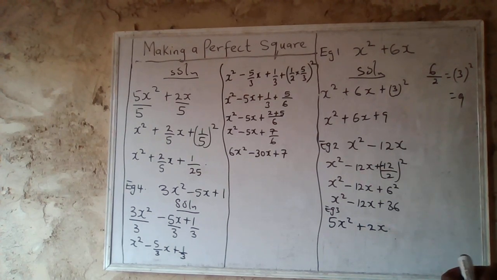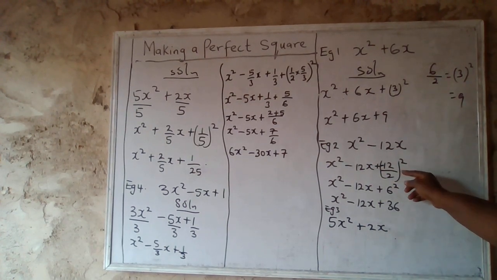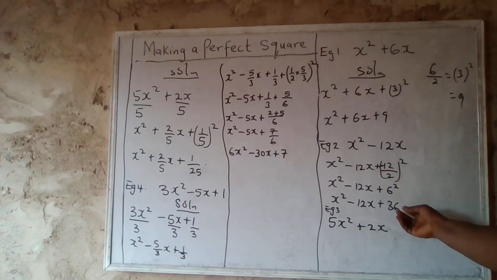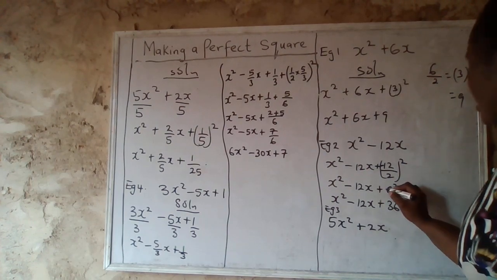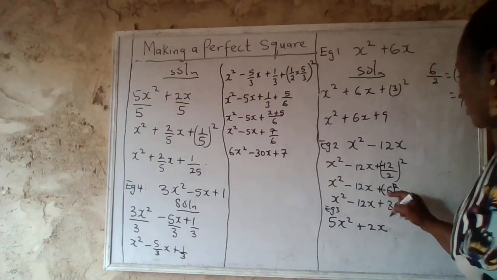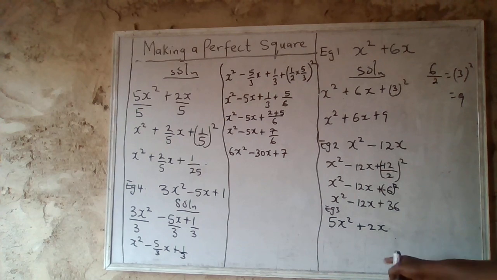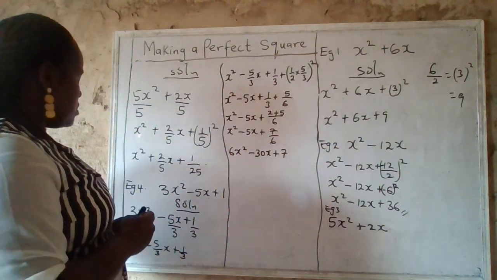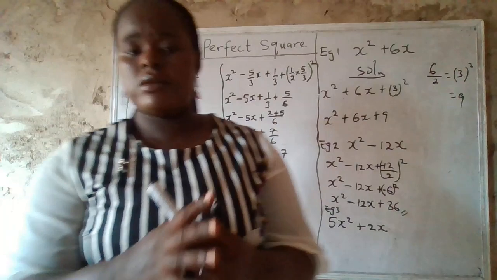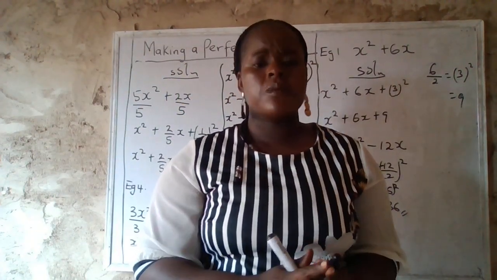But it won't affect our work, because when we square a minus sign, minus 6 squared will give us a positive. So our work is still very beautiful. It's still 36. Now, with this, we have come to the end of today's class.